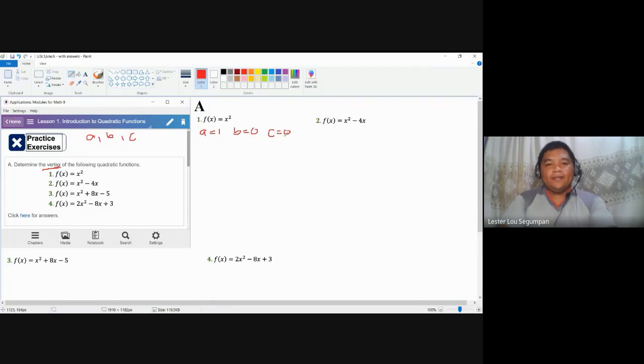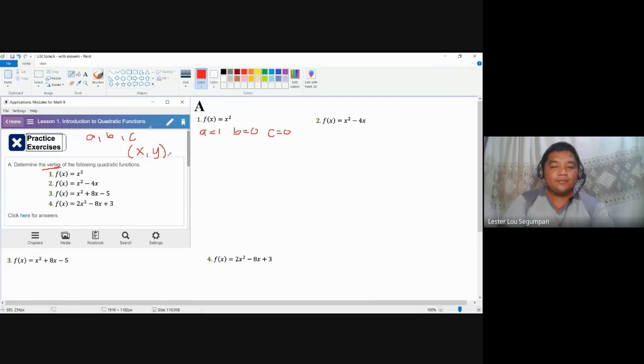To determine the vertex of a quadratic function, we have here the formula. The vertex is a point containing the coordinates x and y, because if we talk about graphing of quadratic functions, we can plot it in a rectangular coordinate system, two-dimensional with the x-axis and the y-axis. So we have a point in that rectangular coordinate system, x and y.